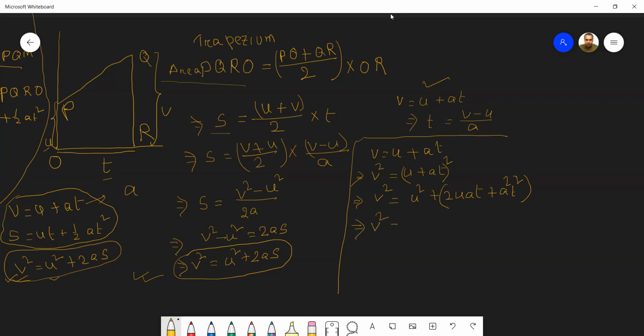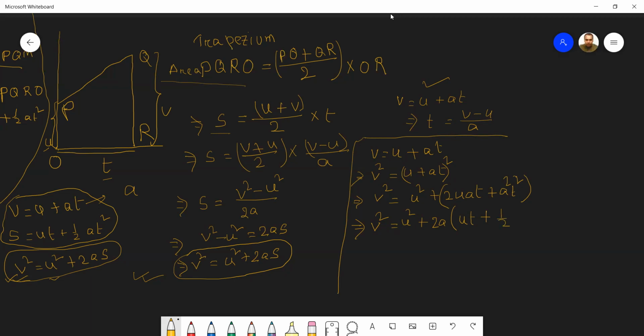So let us check. V square is equal to U square plus, can we take 2A common here? Let us take 2A common, and let's check what we are going to get finally. So with 2A common, it will be UT plus A square T square, and here we have 2A, so half will be there.